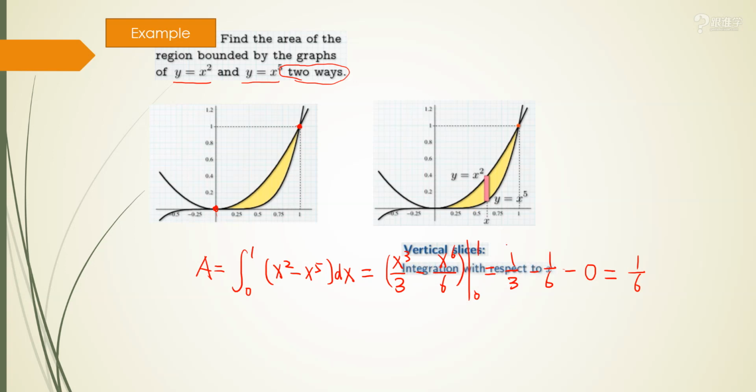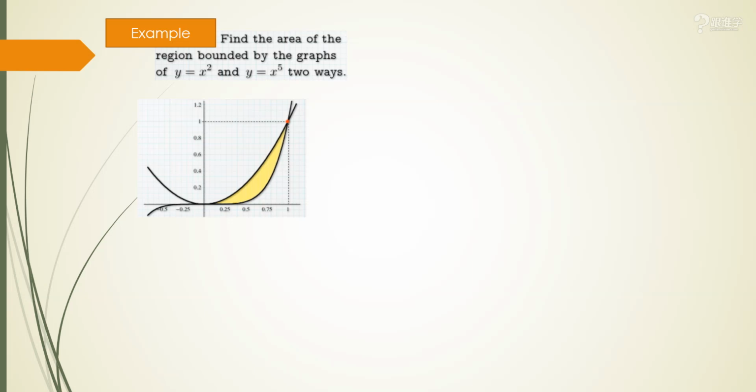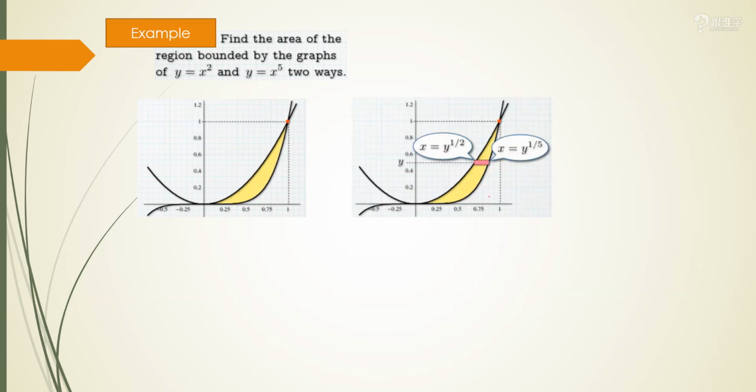Now let's look at how we can integrate with respect to y. Let's firstly look at the horizontal slice here. This is also an arbitrary horizontal slice, and the length of that slice is going to be the x-coordinate on the right minus the x-coordinate on the left. But before anything, since we are integrating with respect to y, we have to express everything in terms of y.